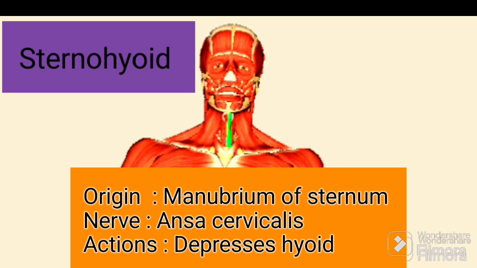And its innervation: anterior rami of C1 to C3, carried by a branch of the ansa cervicalis. Note that the arterial supply to the infrahyoid muscles is via the superior and inferior thyroid arteries, with venous drainage via the corresponding veins.